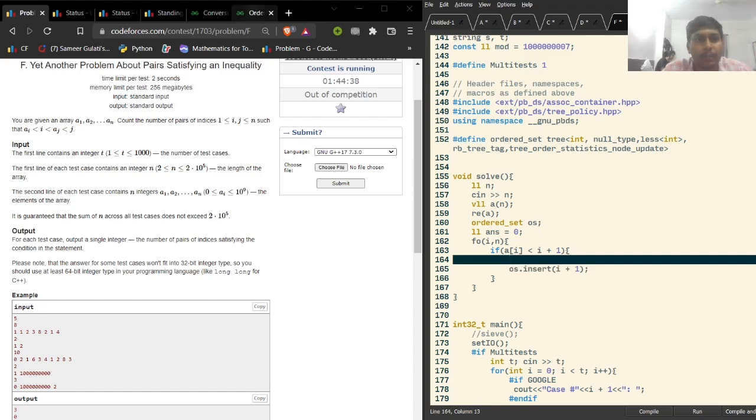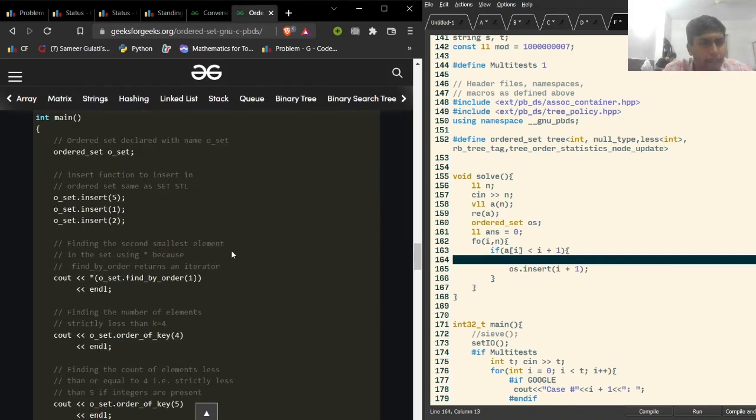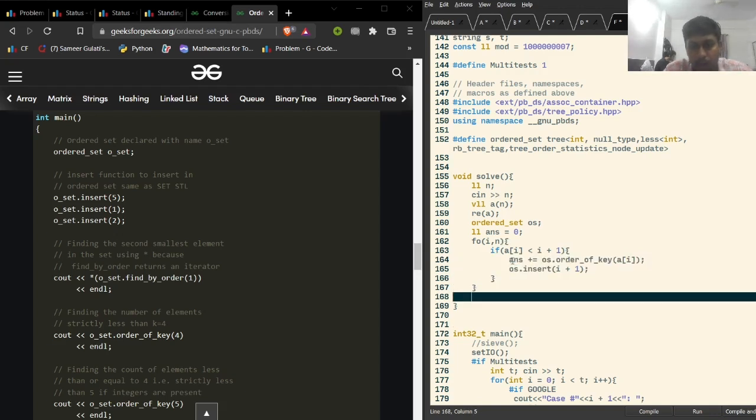So I think that is done by order of key. So answer plus equals OS dot order of key and check for A i. Yes, and then insert it. Finally, it should give me the answer.